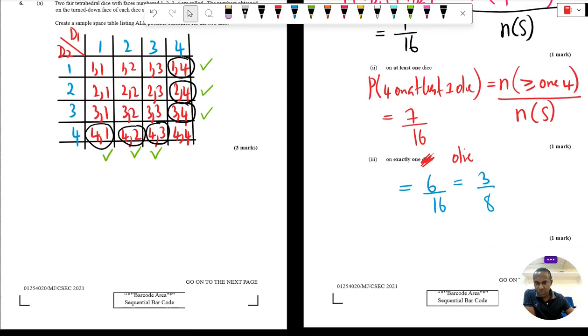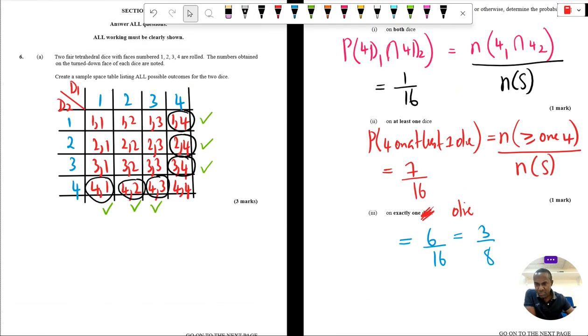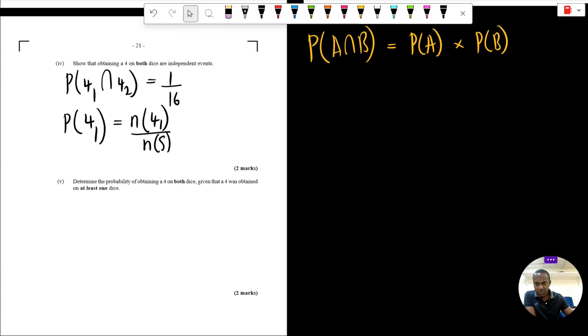So if we go back to our table, in how many events do we have a 4 on die 1? Die 1 refers to those going across. So we have 1, 2, 3, 4. And so this gives us 4 over 16, which of course simplifies to give a quarter, right?